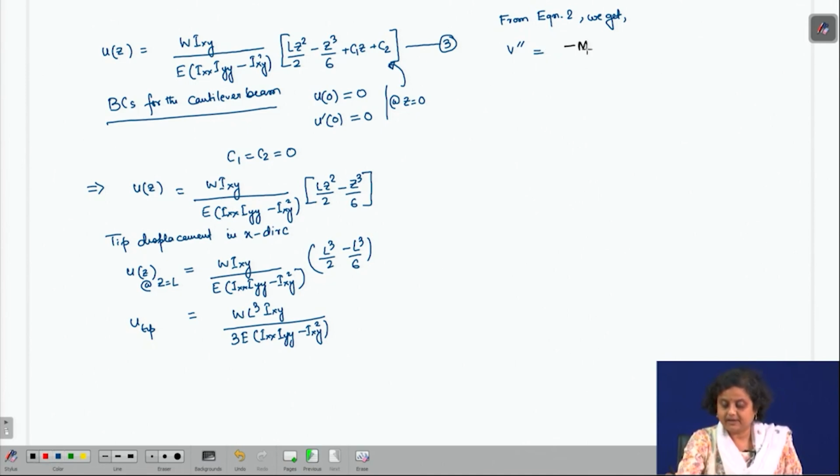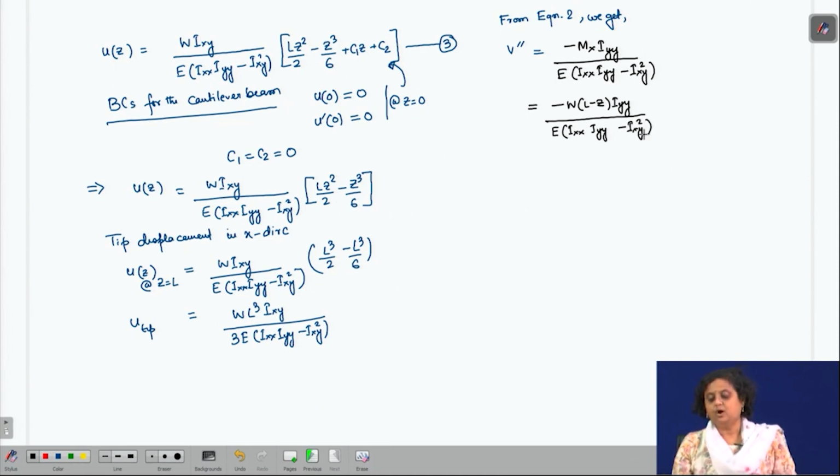minus mx into Iyy. So if mx we know, if I just substitute the value, it is L minus z Iyy by E Ixx Iyy minus Ixy square.